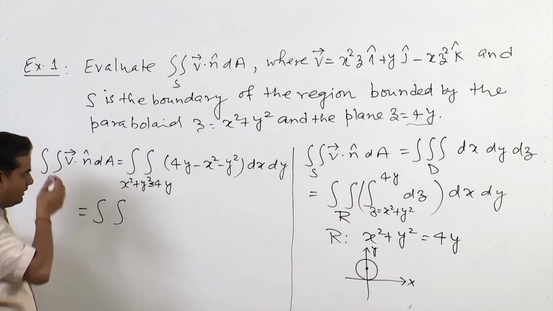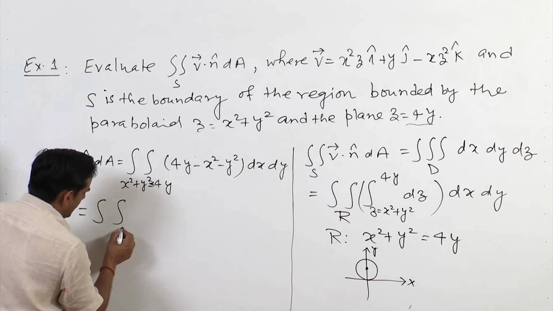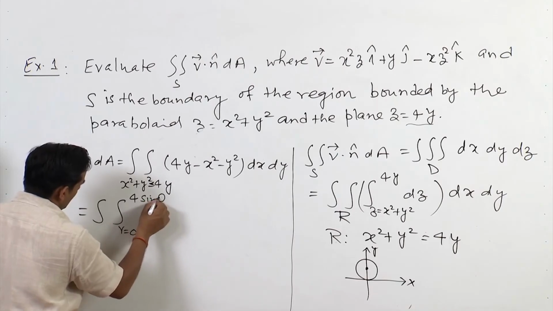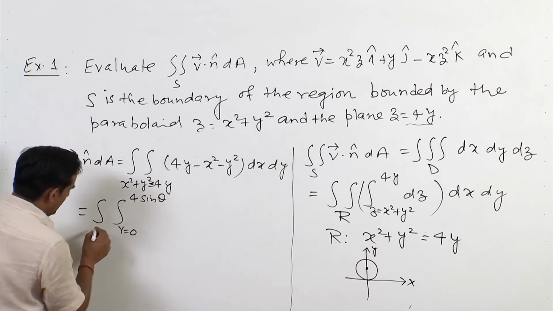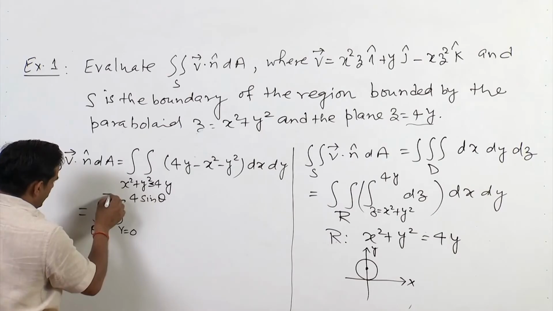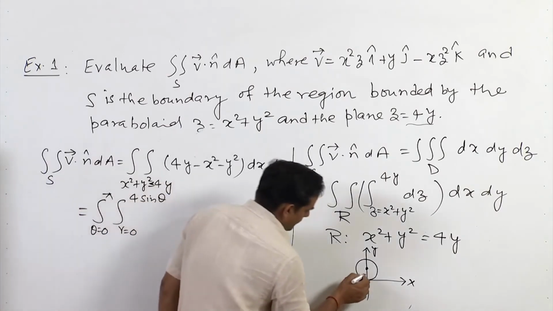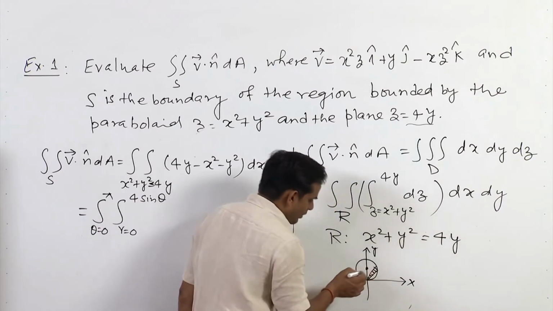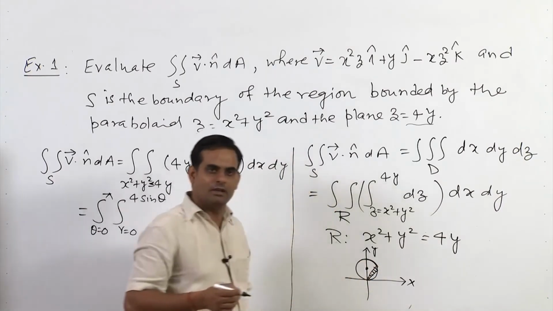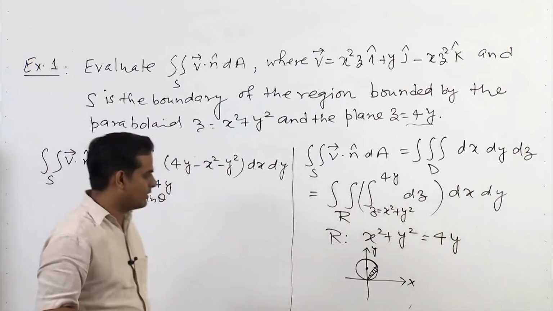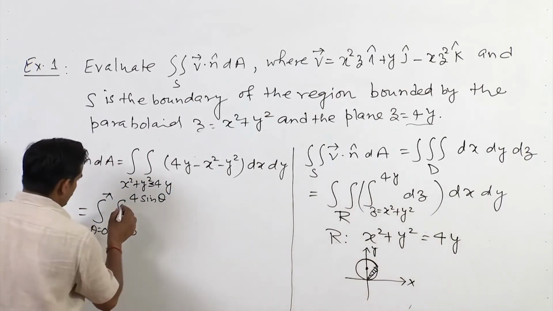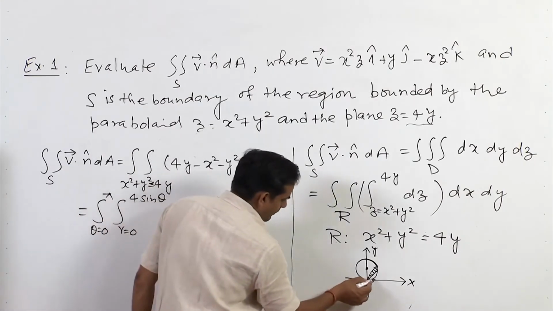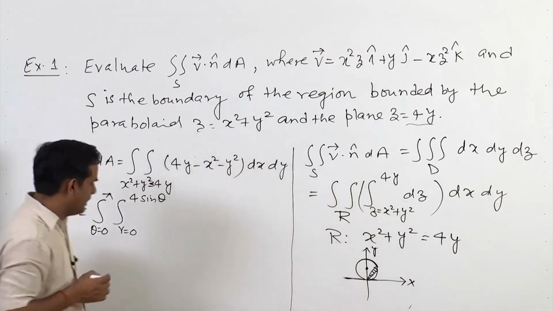So if I change it into polar coordinates, r will start from 0, it will go up to 4 sin theta, and theta will be from 0 to pi, because the strip will go like this. So r equals 0 and ends over this curve, which is r equals 4 sin theta, and theta from 0 to pi, because it will start from here and end over this line.